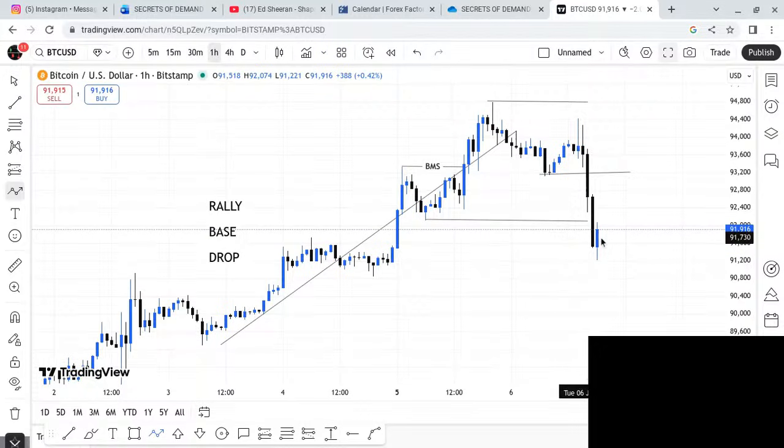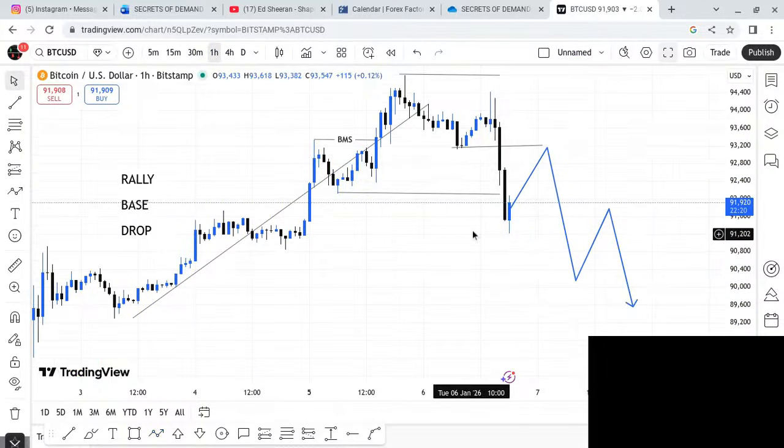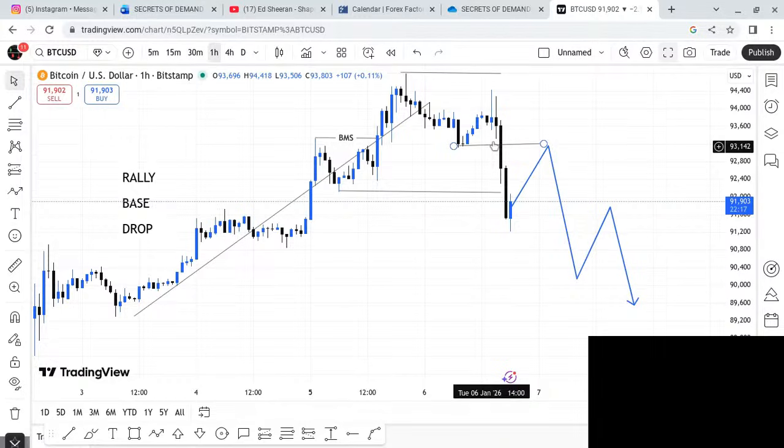Which means if the market pushes from here, it comes back, pushes down like this, I'll clearly say that this was a market structure shift, and this will be a break of market structure run here.